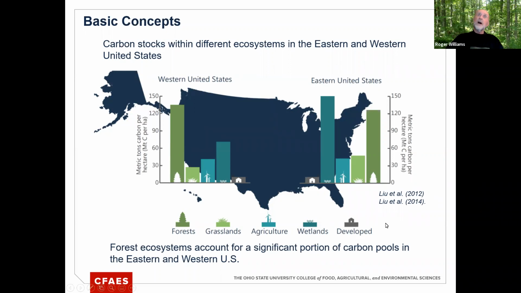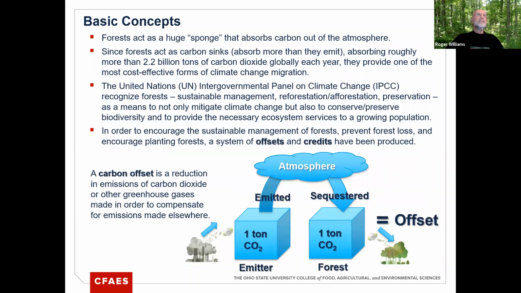So forests are important, all right? So forests then act as a huge sponge, right, that absorbs carbon out of the atmosphere, all right? Think of it sort of like that. And since forests act as carbon sinks, that is, they absorb more than they emit, absorbing roughly more than 2.2 billion tons of carbon dioxide globally each year, they provide one of the most cost-effective forms of climate change mitigation, right?